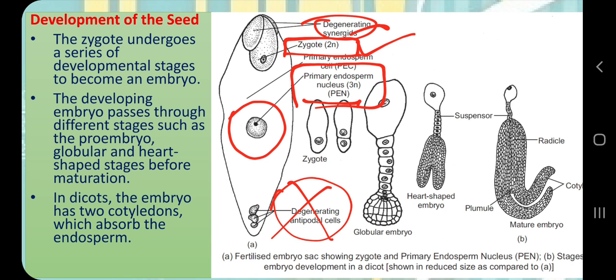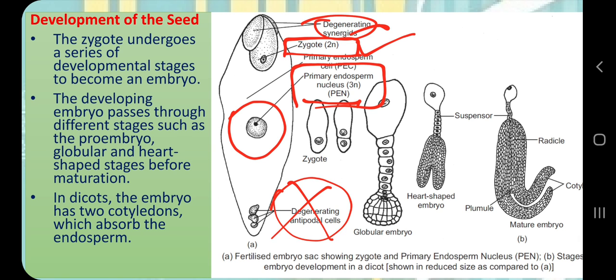So now let me tell you one more thing. The zygote will develop into the plant embryo, of course the diploid sporophyte generation, and the zygote is the first cell of the sporophyte, as the microspore was the first cell of the male gametophyte, the pollen grain. The megaspore was the first cell of the female gametophyte, which was the embryo sac.